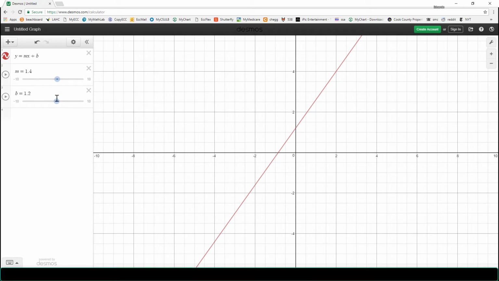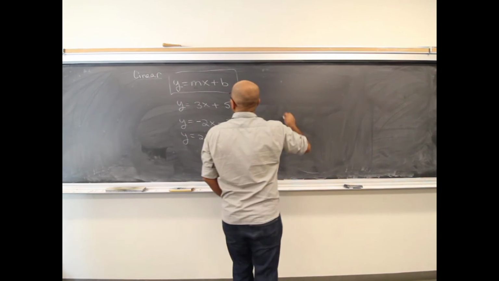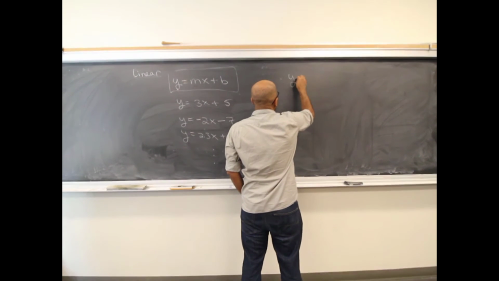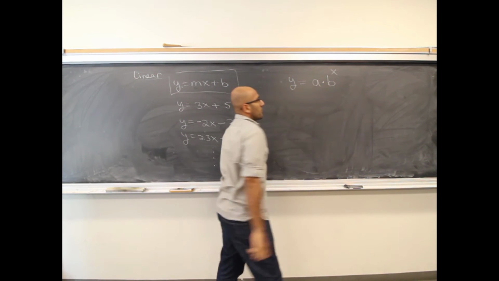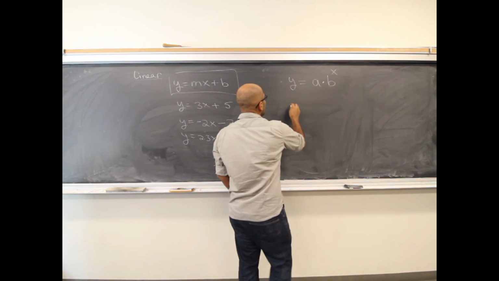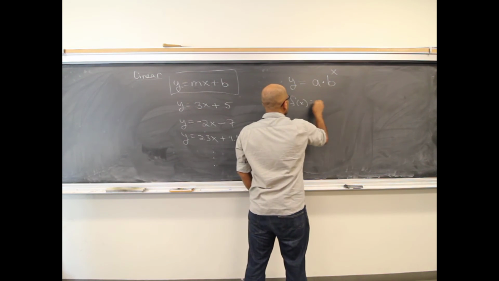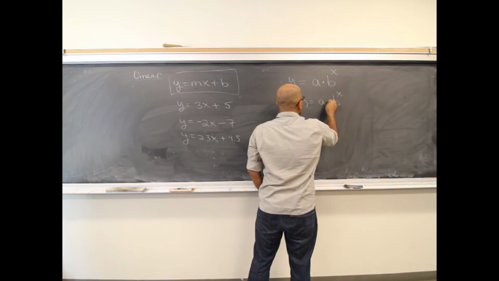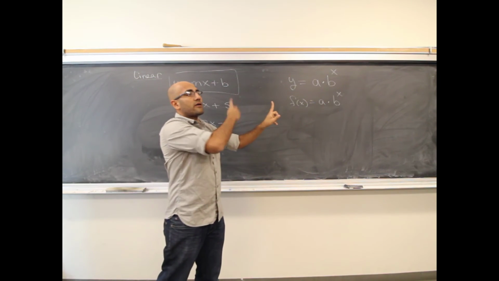But now we're going to be working with a different kind of equation, an exponential one. So now we're dealing with this. We have something that fits the form of y equals a b to the x power. So this is the general form of an exponential. And we can also write it in the form of f of x equals a b to the x power. Right? So this is where the a and the b are different values.